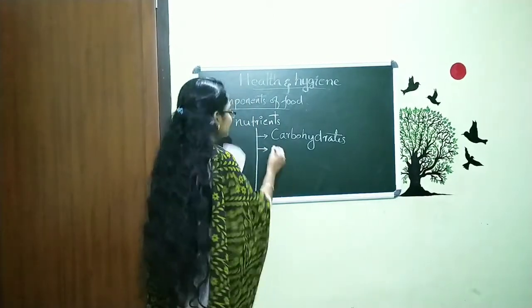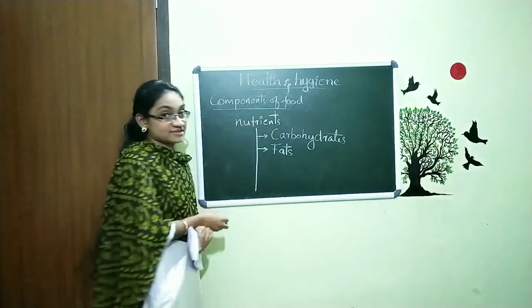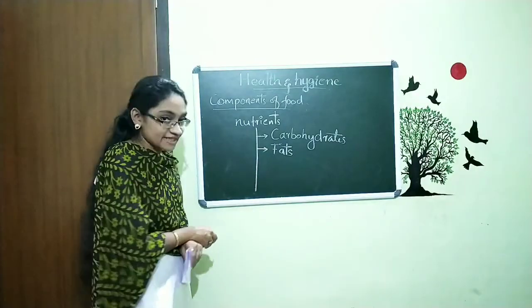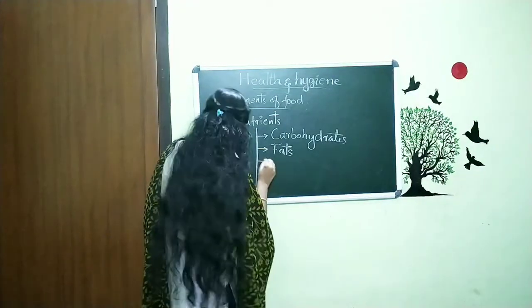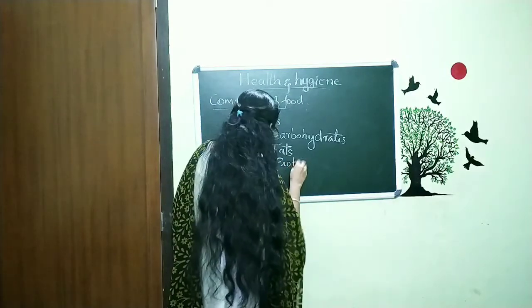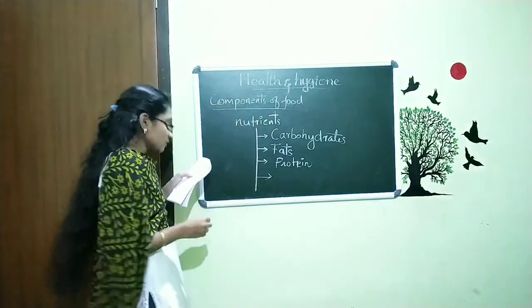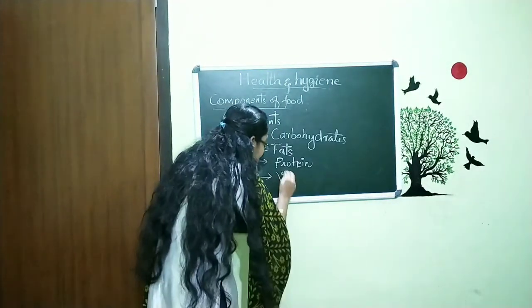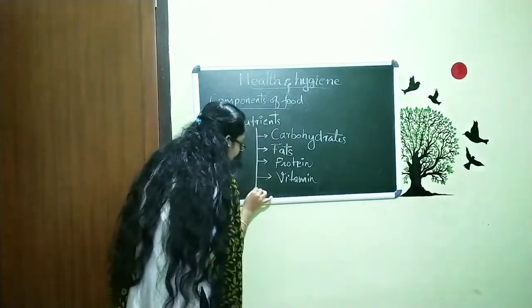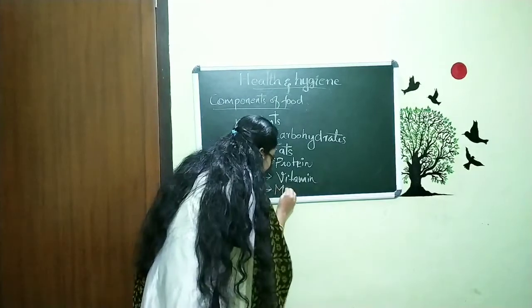The second one is fats. The second type of nutrients. Now the third one is protein. The fourth one is vitamin, and the fifth one is minerals.